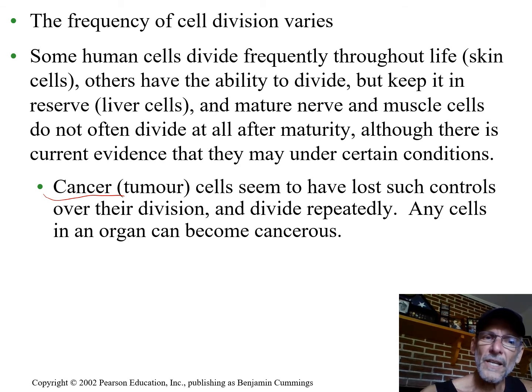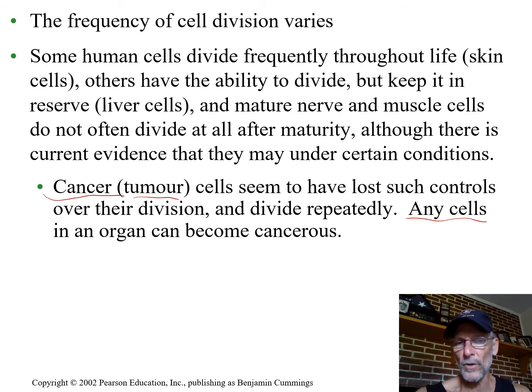But what cancer cells are, cells that might form a big clump called a tumor, therefore we could also call them tumor cells, right? What cancer cells are cells that just continually divide. They go from one mitosis and cytokinesis to another, right? And any kind of cells can have this happen. So you have breast cancer, you have bone cancer, you have brain cancer. Any kind of cells can have this happen.